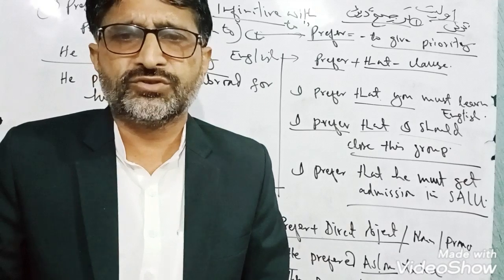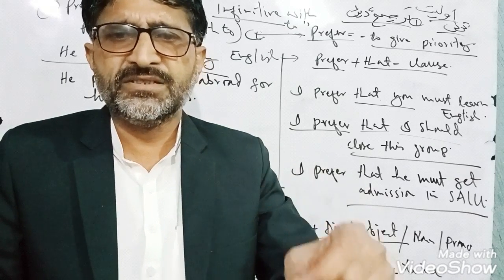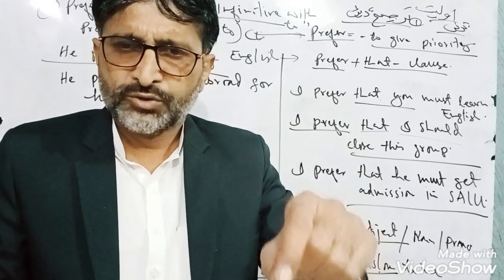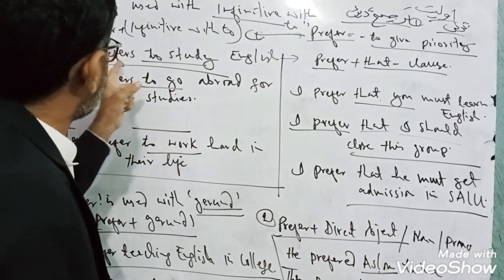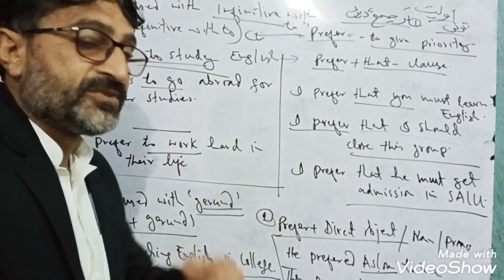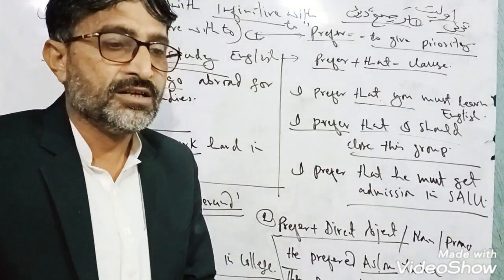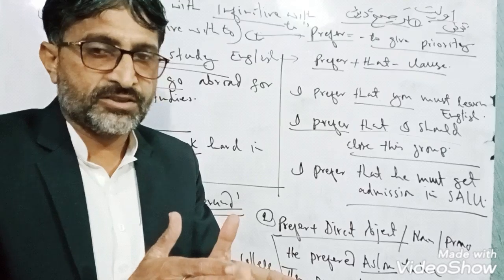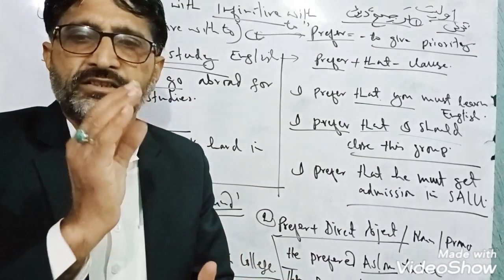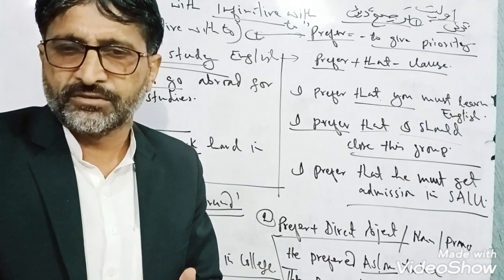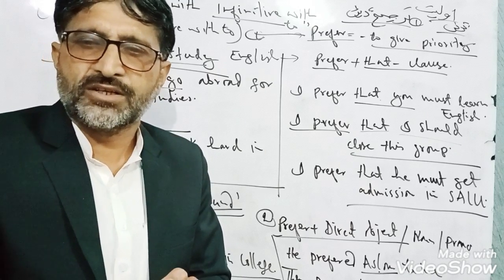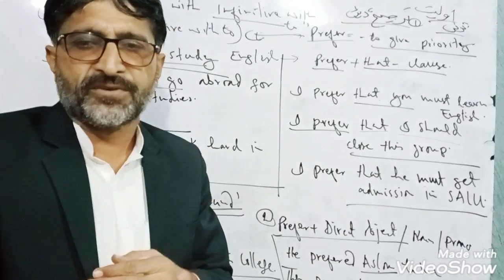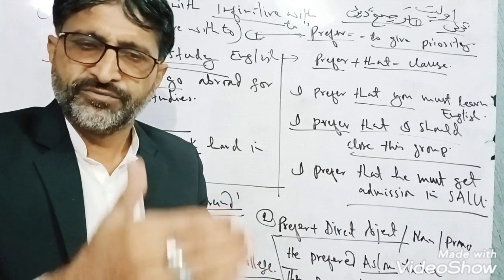When we use prefer, it bears the infinitive with to. Therefore I have written here: He prefers to study English. To study is an infinitive, and that structure is quite standardized and allowed, that after prefer we can use an infinitive with to.